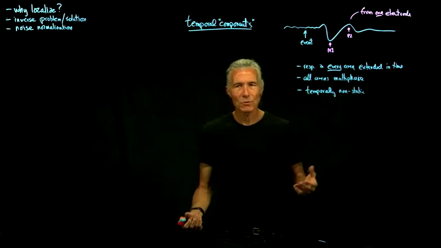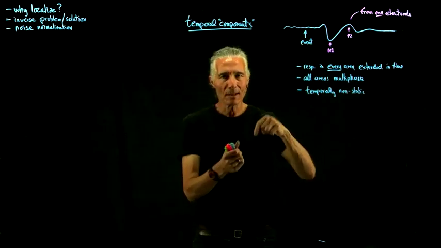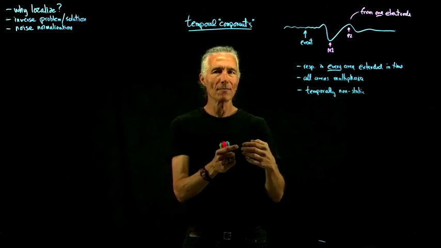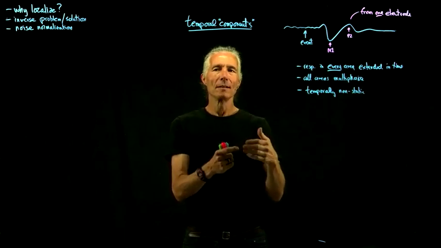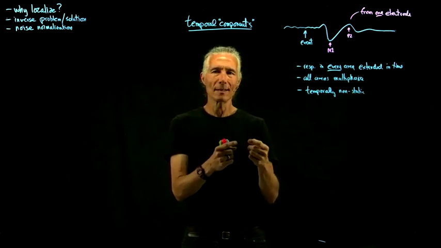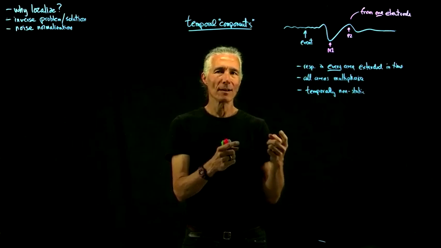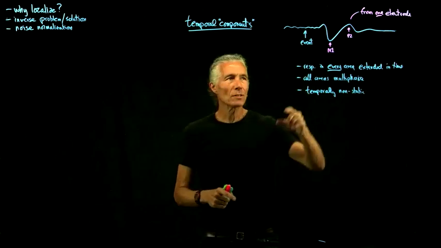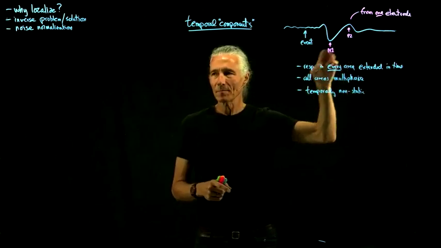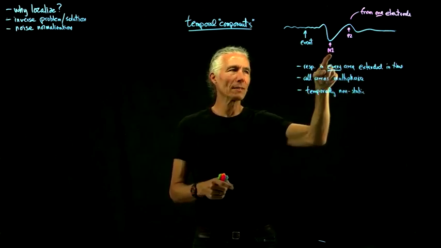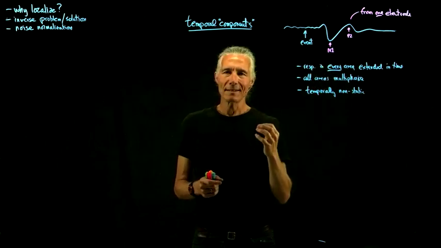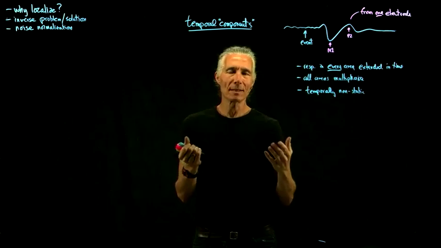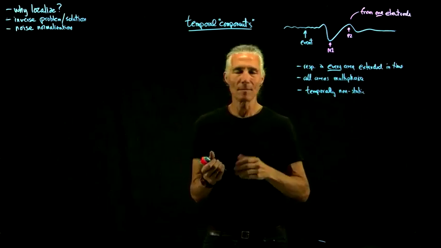If I go, say, invasively into V1, I can see that there are cells that respond to low contrast that have a quicker response than cells that respond to higher contrast. And so varying the contrast is going to completely change the temporal structure. So these temporal components, like the N1, are not static. They're varied by all different things, including something as simple as just the brightness of the stimulus.